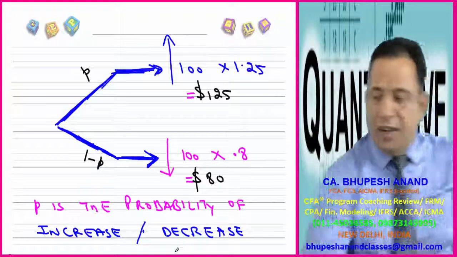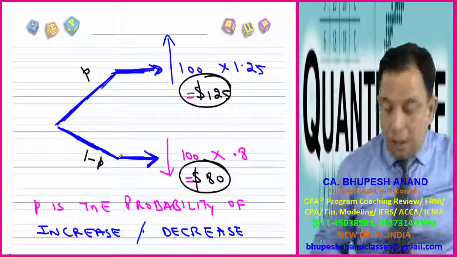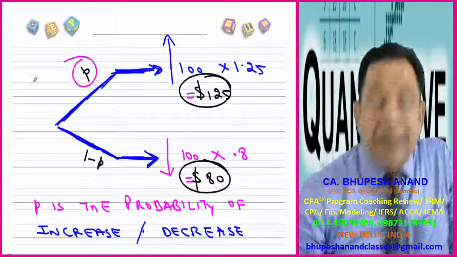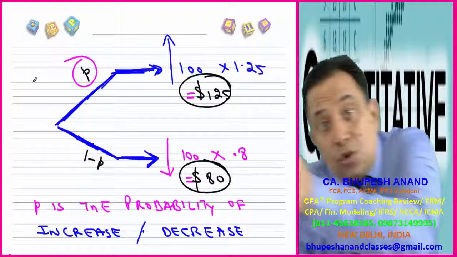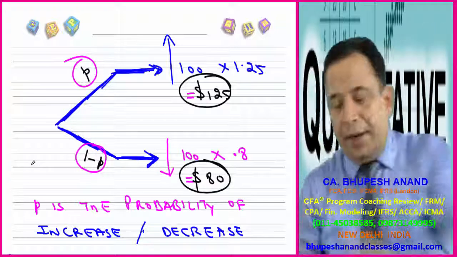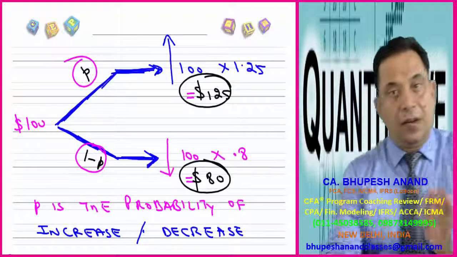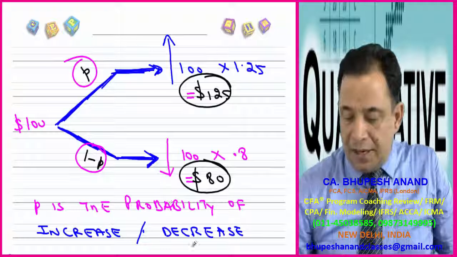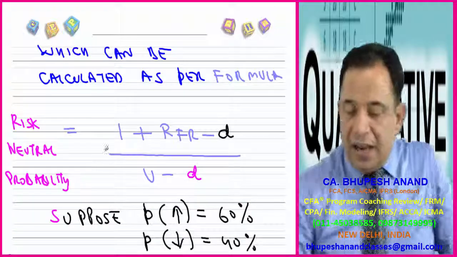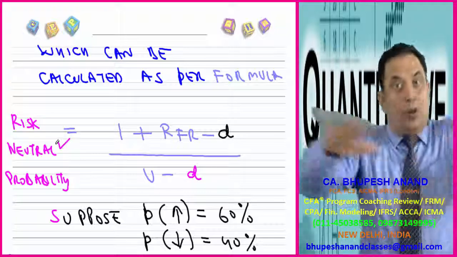Now the point is, after understanding the concept of how I have calculated $125 and $80, what is the probability that it will increase to $125, and what is the probability that it will decrease to $80? It means $100 current price. Again, we have a huge formula, but there is no need to learn it.